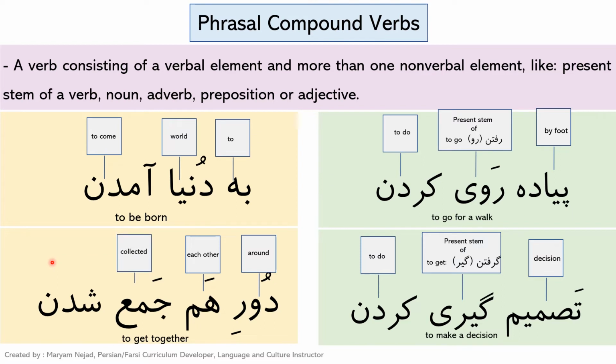And جمع means collected, and شدن is to become. So literally, to become collected around each other. It means to get together, for example, to get together for a party or something. So when you know the construct of these verbs, it would be easier for you to memorize them, and also it would be easier to use them.